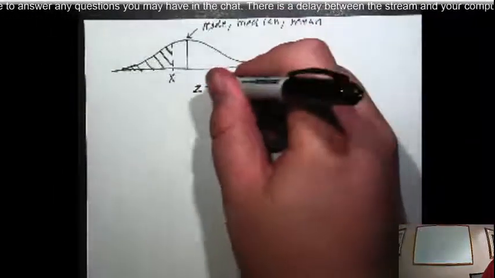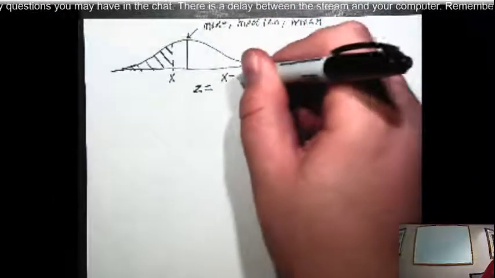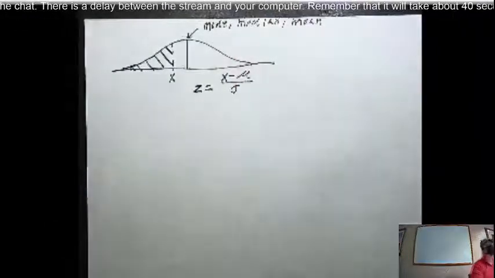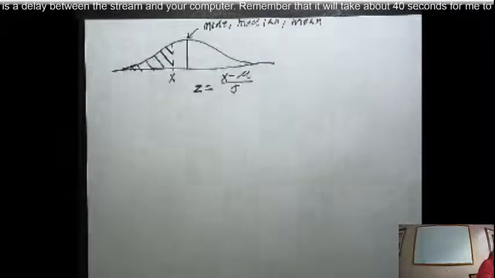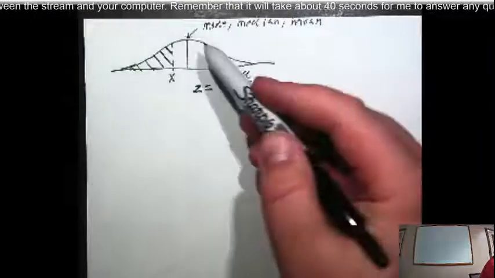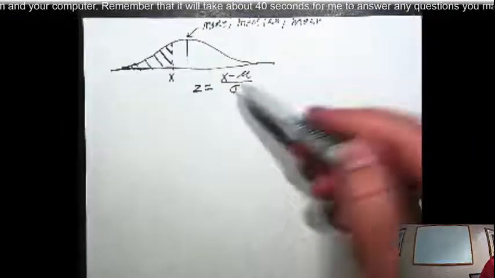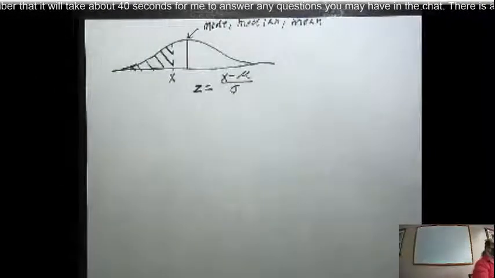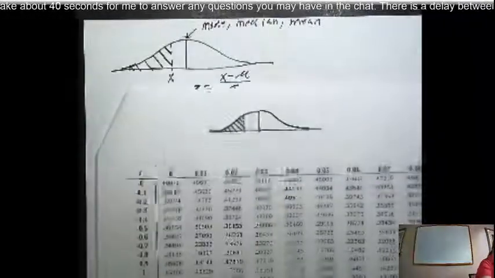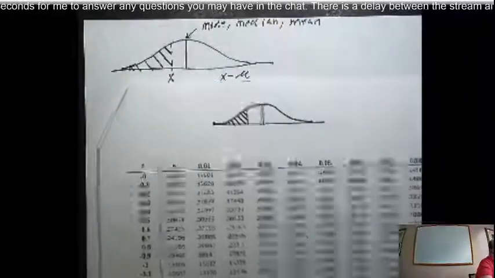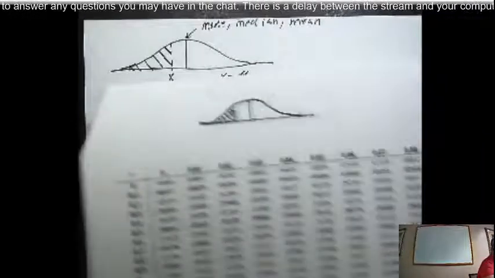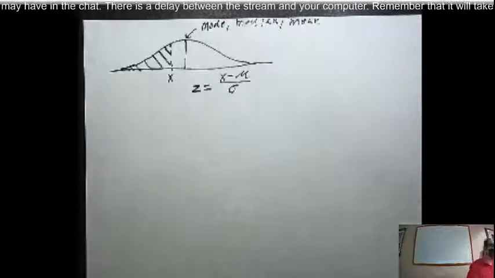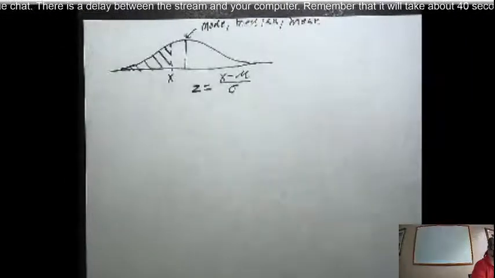And that z-score is x minus the mean divided by the standard deviation. So you would take whatever x value, plug it in there, whatever mean we have, plug it in there, and then divide it by the standard deviation. That gives us a z-score that we can then look up on our z-table and find a probability for that area. In other words, what percent of the data is in this area. Okay?